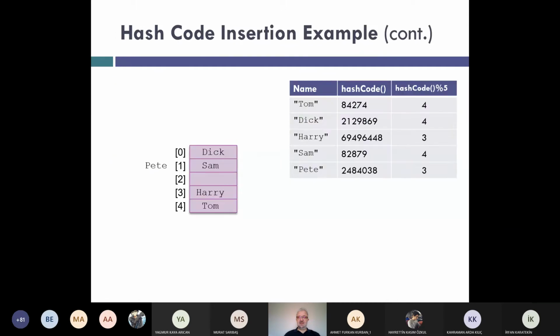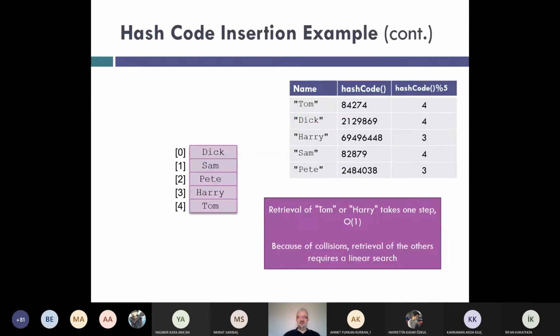The most important reason here is, for example, if we have to look for Pete, which is indexed to 3, we look at this position. Harry is indexed to 3 as well, but we look for Tom, which is not indexed to the 3rd position. Dick, Sam, not in the 3rd position.